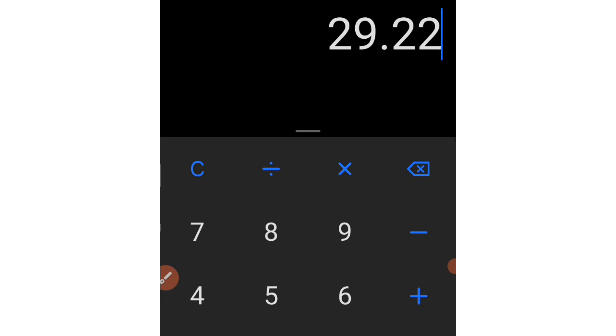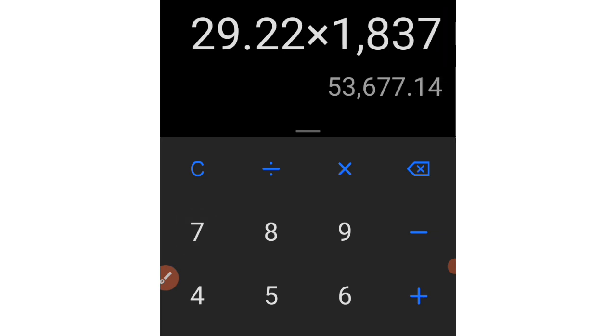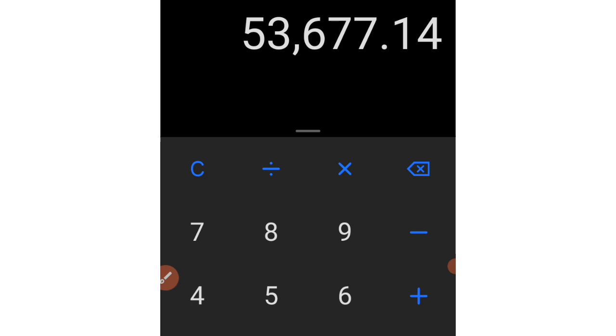Now, if you are selling this 29.22 USDT at the rate of 1,837 naira, we say times 1,837 naira. How much are we gaining? We'll be having 53,677. Remember, what we used to buy at the initial stage was 50,000.